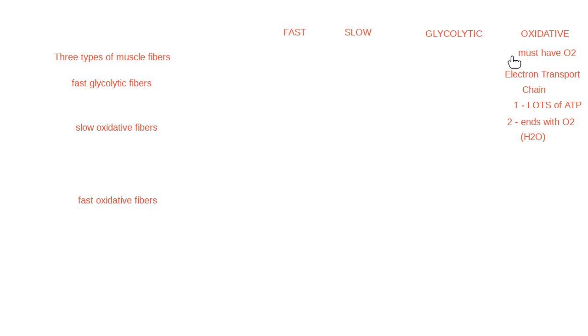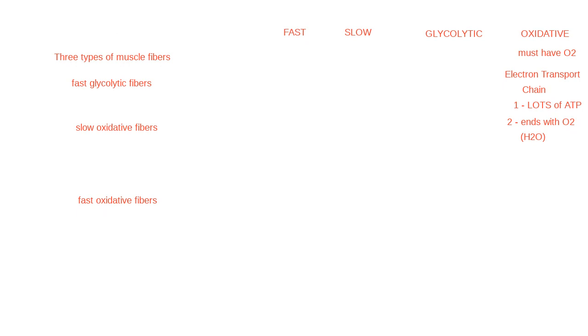So this type of skeletal muscle tissue, we must have oxygen for it to be able to contract. When I look over here at my three types of muscle tissue, a couple of them have the word oxidative in their name. The ones that have oxidative in their name tell us that the way they build their ATP is by using the electron transport chain.